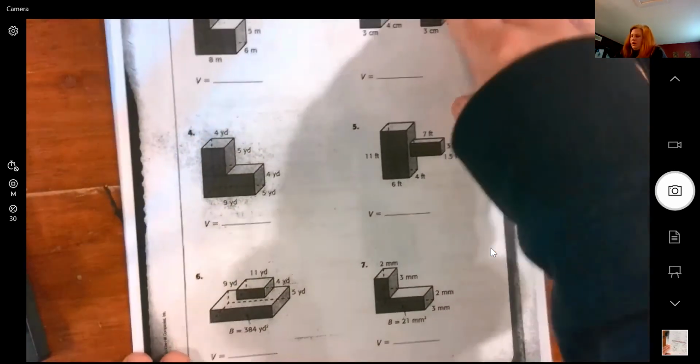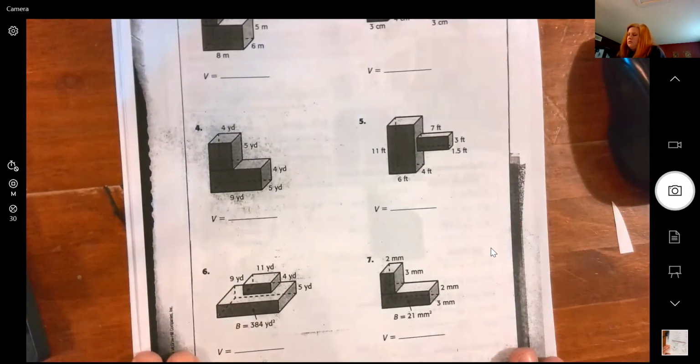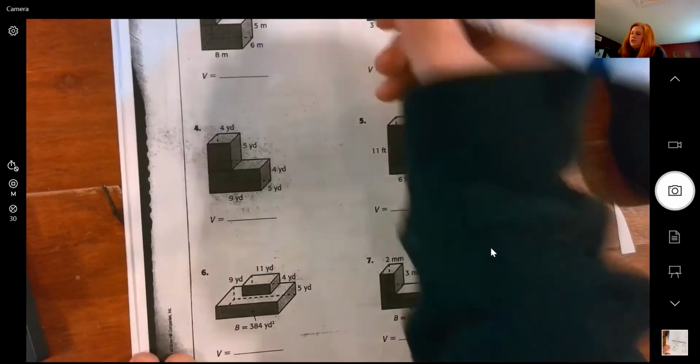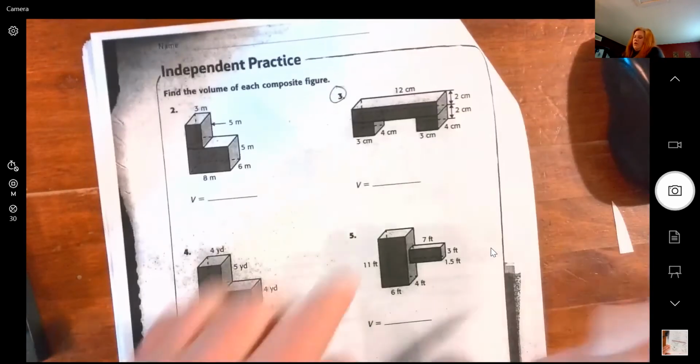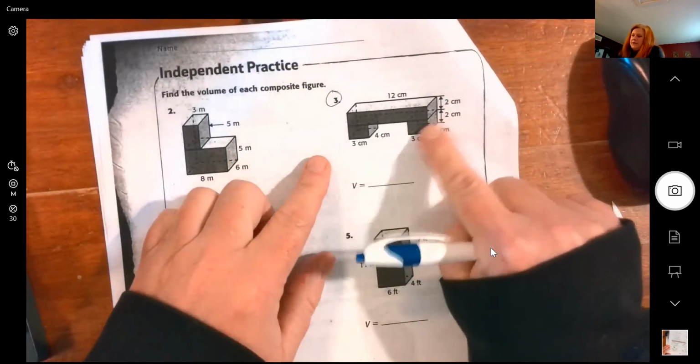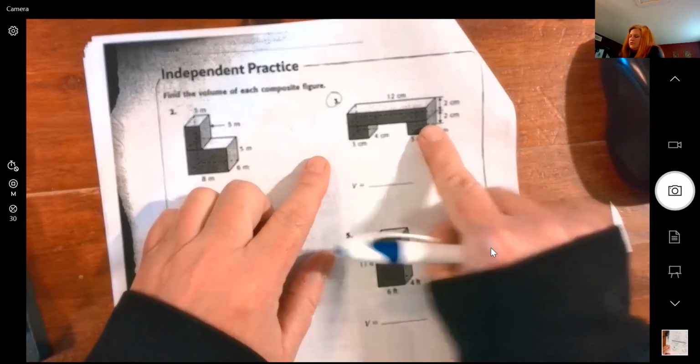All right, we are going to do one problem together. And let's see, which one should we do? Let's do number 3, because it looks like it might be the hardest one. All right, so I have a little bottom rectangle. This is similar to the L'Arc de Triomphe one.